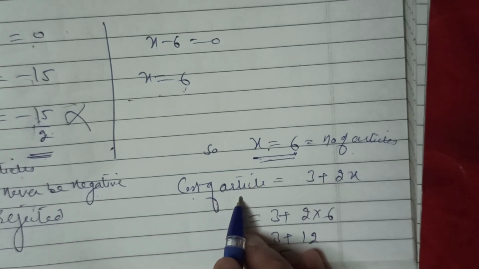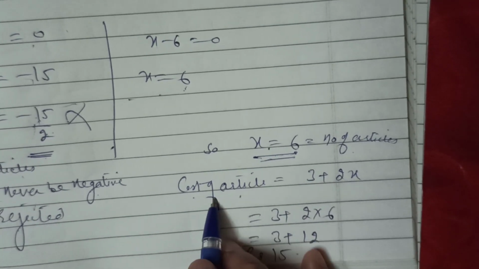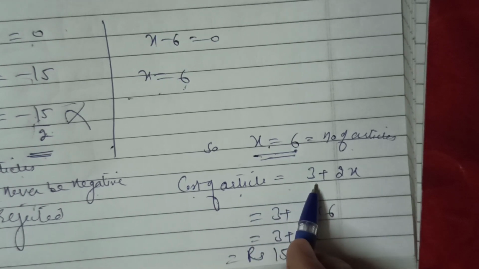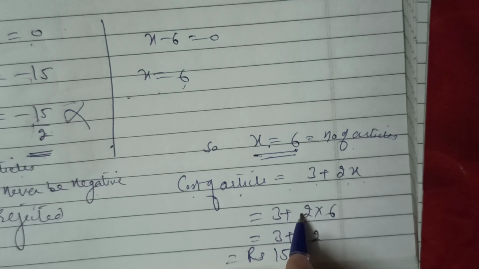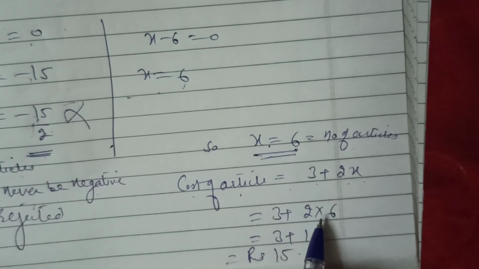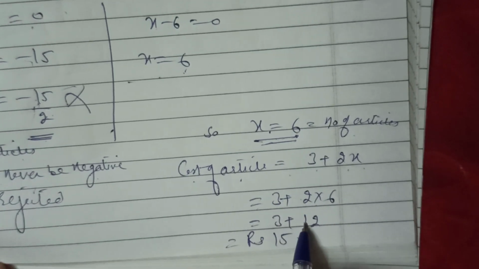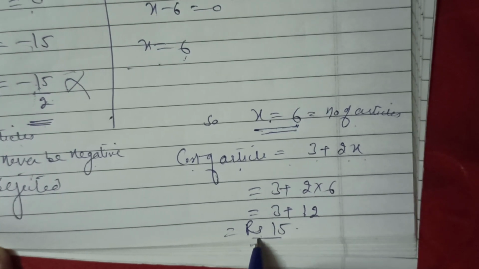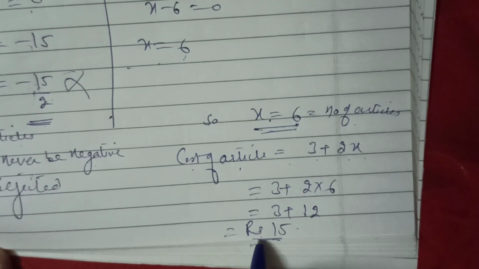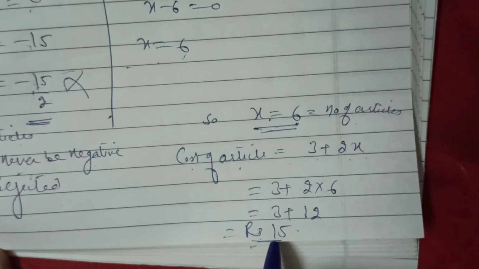Now we have to find cost of article. Cost of article is 3 plus 2x. 3 plus 2 into x is 6. 3 plus 12. It is rupees 15.